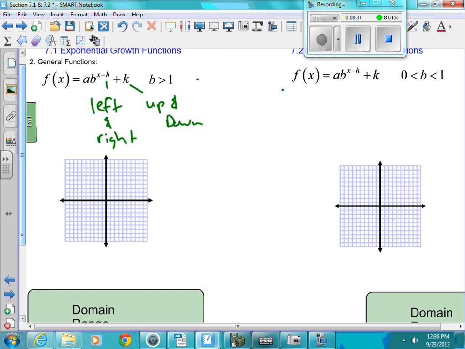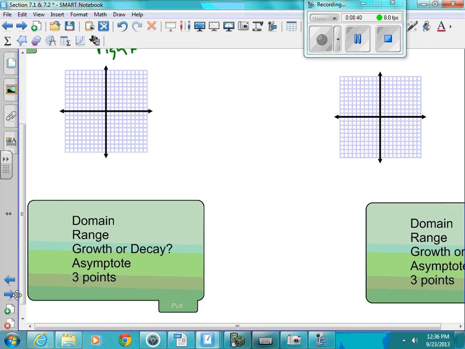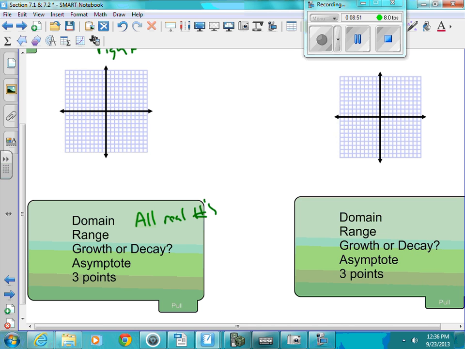So when we're looking at this, what's our domain and our range going to be for these in general? Well, in general, our domain is still going to be all real numbers, for both. Our range is either going to be y greater than k or y less than k, depending upon whether the values are above or below the asymptote.